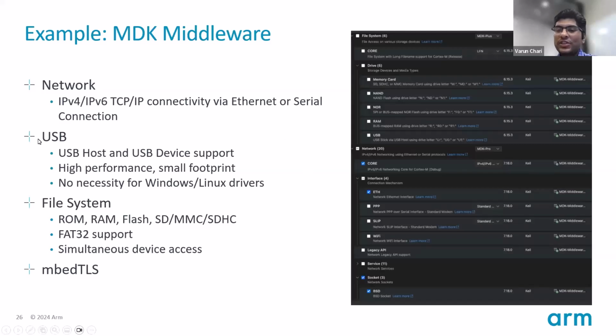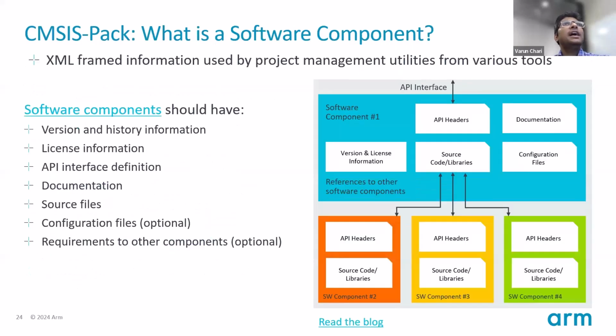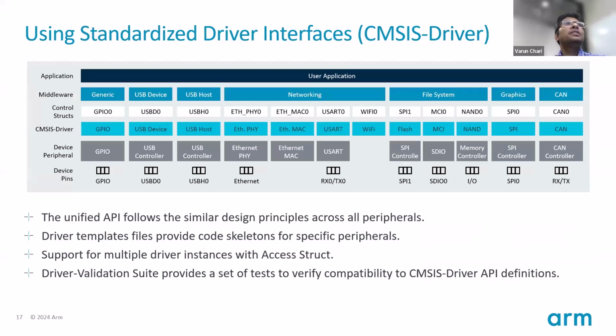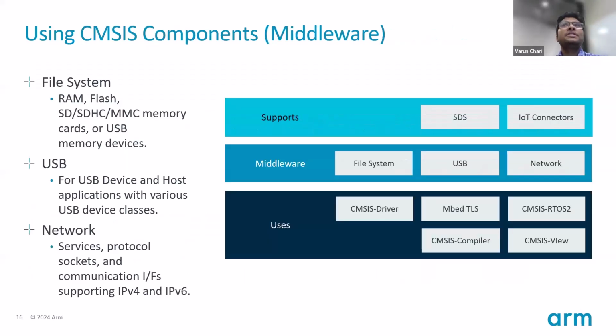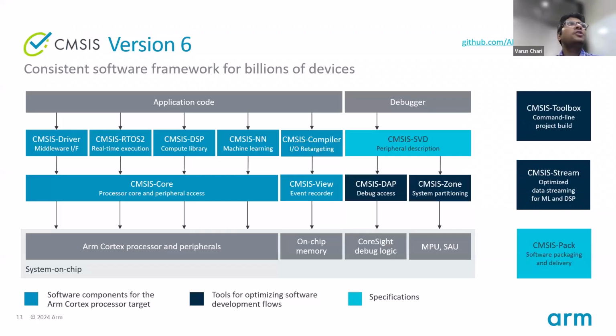So I think there is a question here. Matthias is asking, how would you define the relationship between CMSIS and Zephyr? Zephyr is another open source RTOS. Like I mentioned earlier, we have this CMSIS pack called CMSIS RTOS, which is basically an abstraction layer over all the RTOSes.